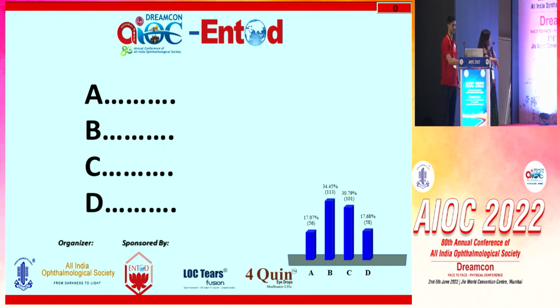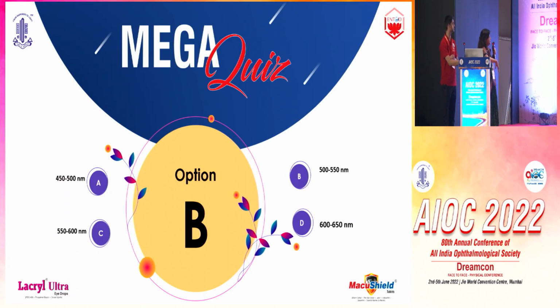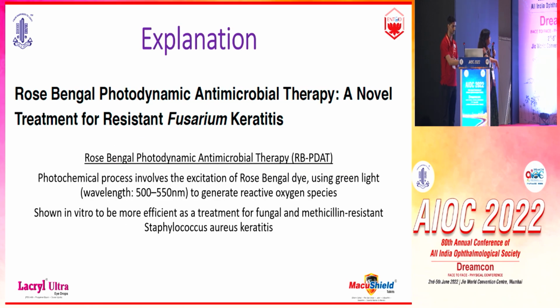And again, it's a mixed kind of response with one-third going with B and the other one-third going with C. I think this happens when numbers are there, because sometimes you can get very close to two of the numbers. Can we have the answer, please? The answer is B, 500 to 550. So Rose Bengal photodynamic antimicrobial therapy is a new treatment for resistant Fusarium keratitis and is coming into vogue.